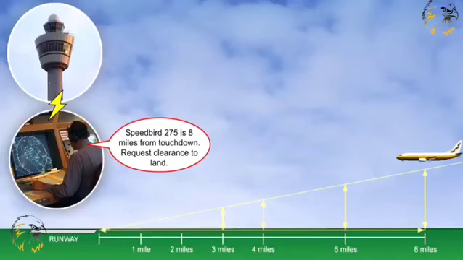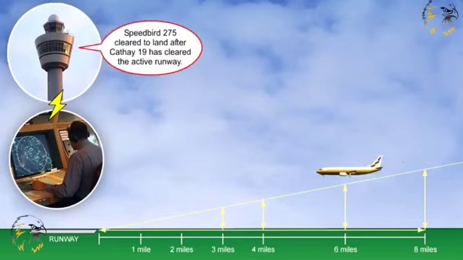A radar controller is required to notify the aerodrome controller when an aircraft making a radar approach is approximately 8 nautical miles from touchdown. The aerodrome controller may issue a clearance to land or state that such a clearance will be issued subsequently.